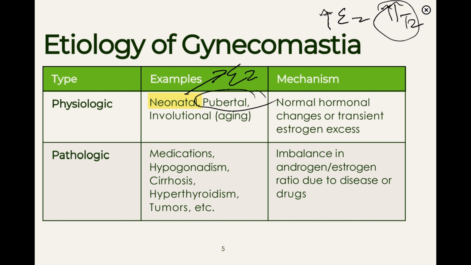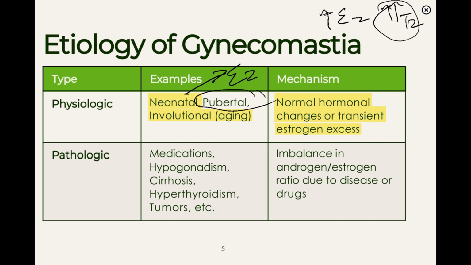And over time, with aging, you could have involution as well, being a cause. So the normal hormonal changes, or this could be due to transient estrogen excess, as I mentioned earlier.